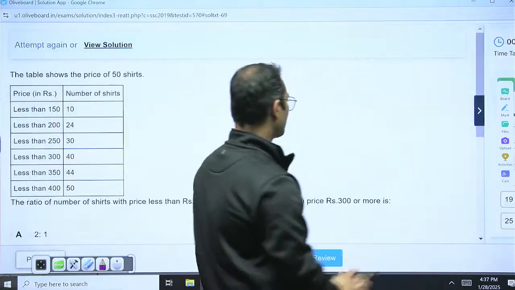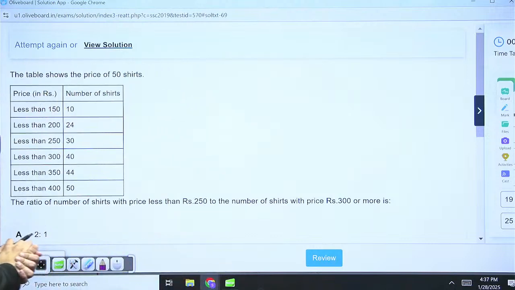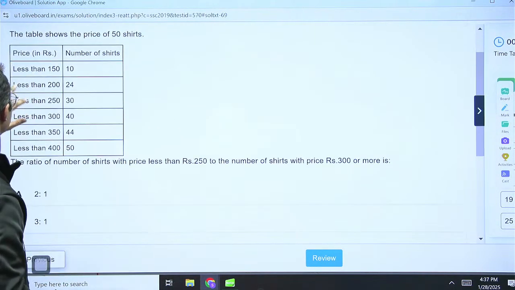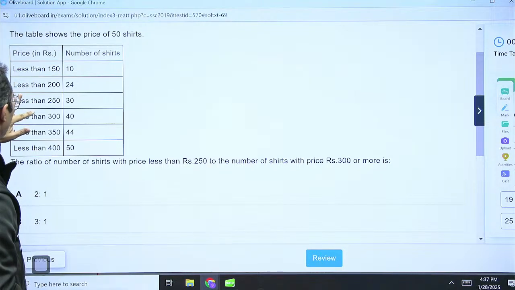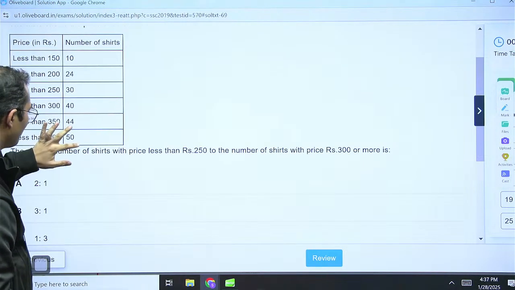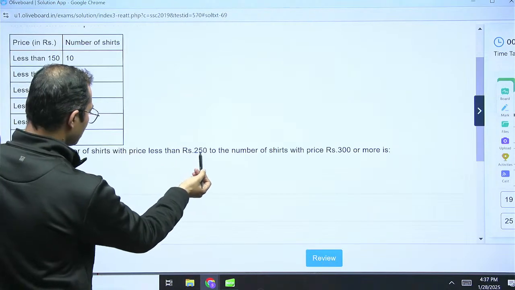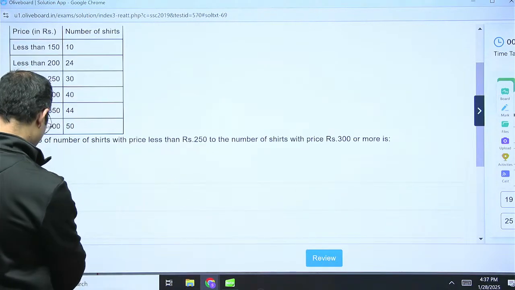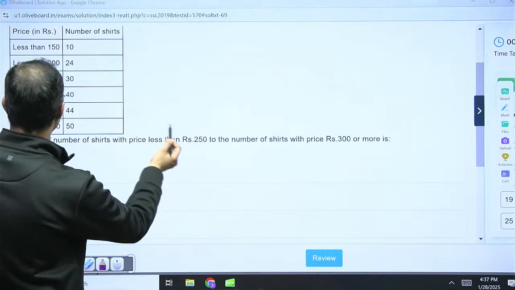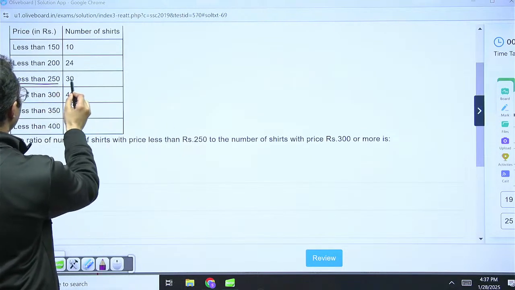Let's move to the next question. Question number 22. See, table shows the price of 50 shirts. Okay, so less than 150, less than 200, less than 250. The ratio of the number of shirts with the price less than 250. So less than 250 means 30.